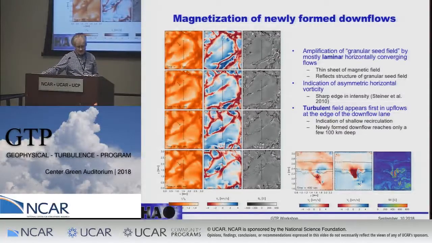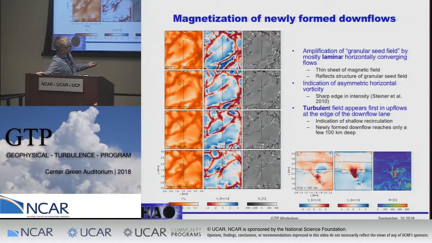What actually happens here, if you look at the cross-section, is that you have asymmetric horizontal vorticity. Typically, these newly formed downflow lanes wrap up in either one or the other direction. Having this vertical flow leads to this sharp feature in the intensity, which was first found by Oskar Steiner in a paper in 2010.